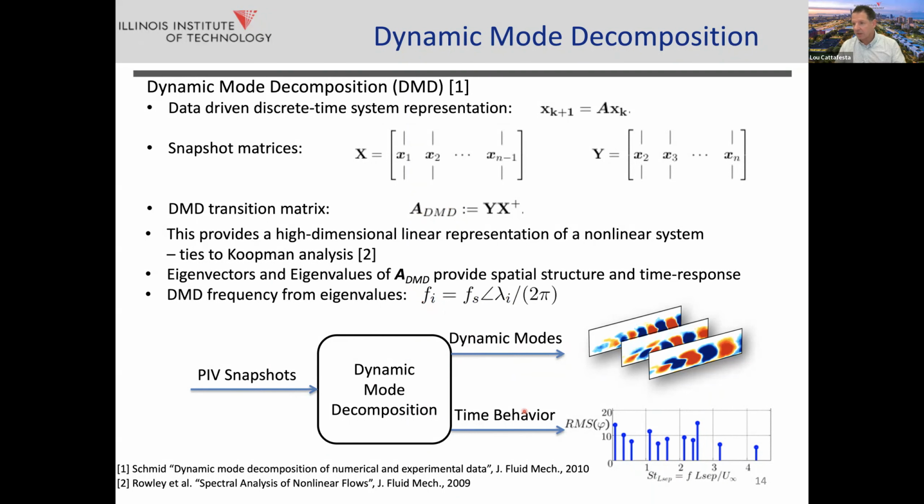We can also look at the characteristics, the amplitude or energy of these modes averaged over time. In our case, we do it spatially and temporally, so we get an RMS spatial average of these modes and look at these as a function of frequency.